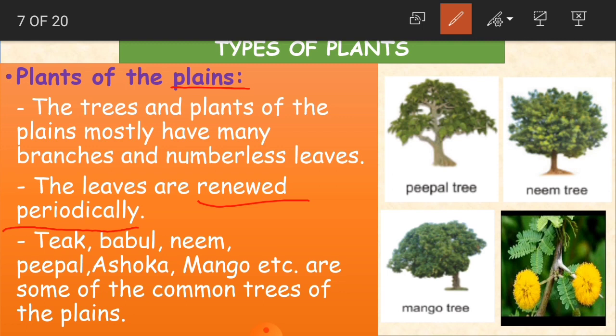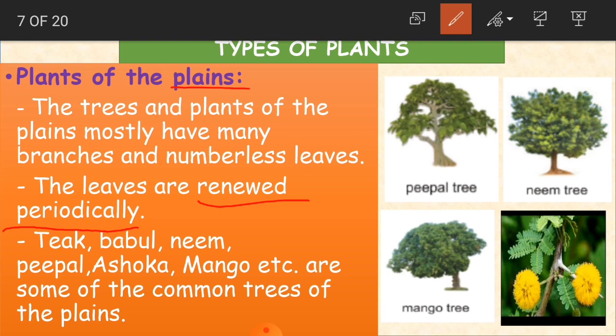Same here, periodically means from time to time. According to the seasons, they shed their leaves, and again they start growing new leaves.